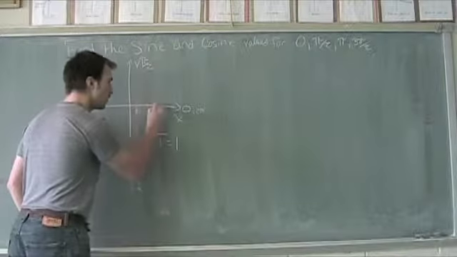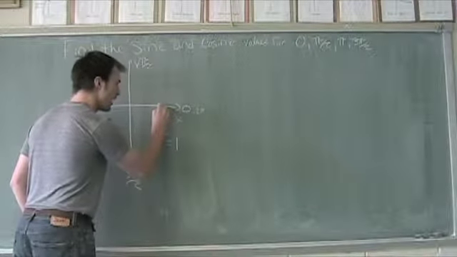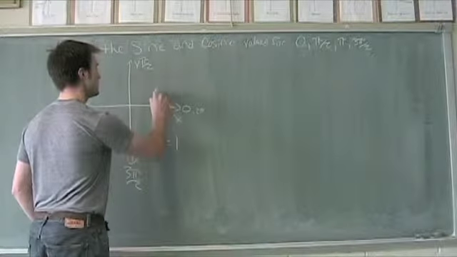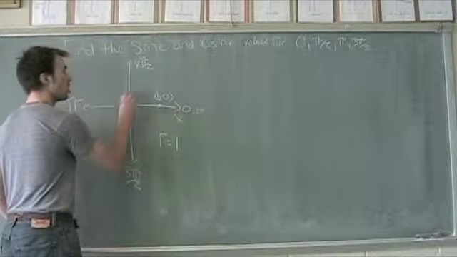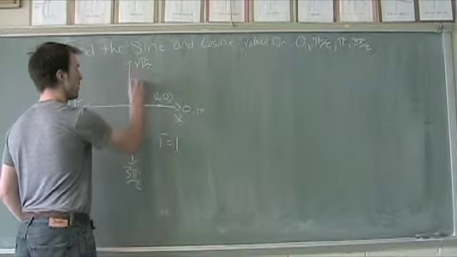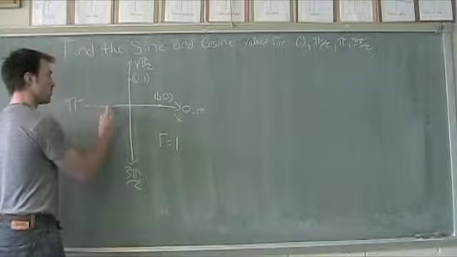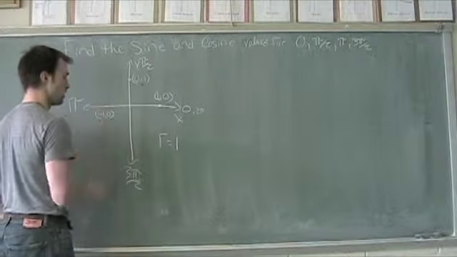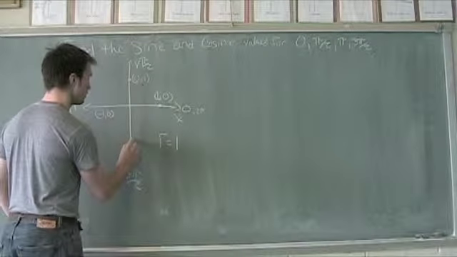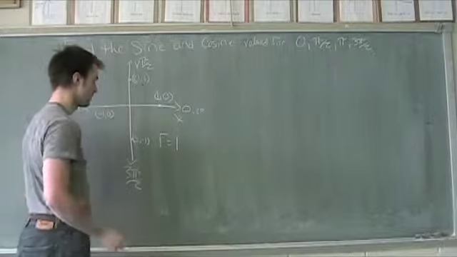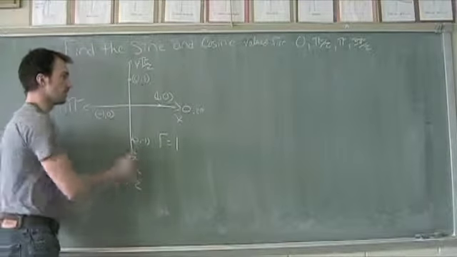And if we were evaluating at 0, or 2 pi, we had the point 1, 0. When we were working with pi over 2, we had the point 0, positive 1. When we were working with pi, the point was negative 1, 0. And when we were working with 3 pi over 2, we had the point 0, negative 1. These were our x, y values.